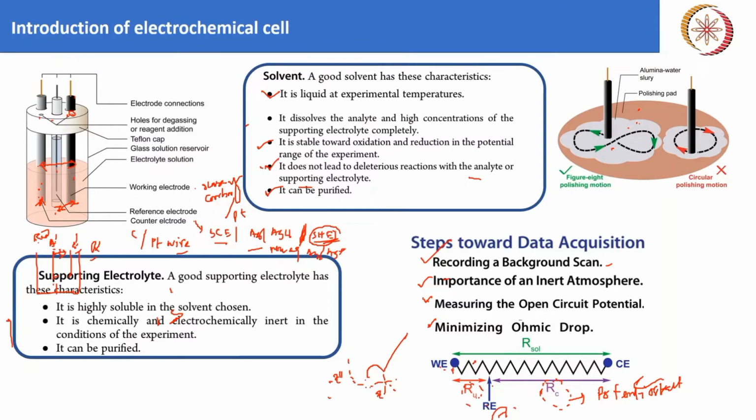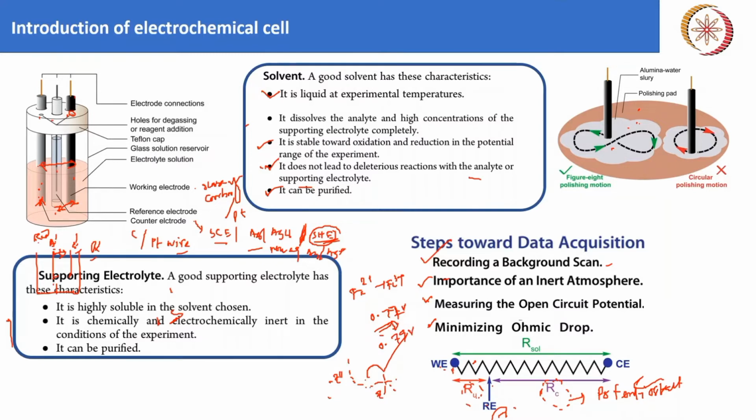Due to this uncompensated potential, the potential you observe can differ. Suppose you are doing a redox process, Fe2+ to Fe3+, and the potential should be 0.77 volt or so; it may not appear at that potential, it may come at 0.79 volt or something.